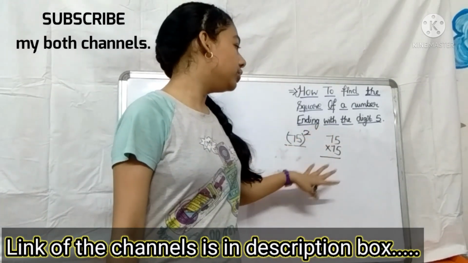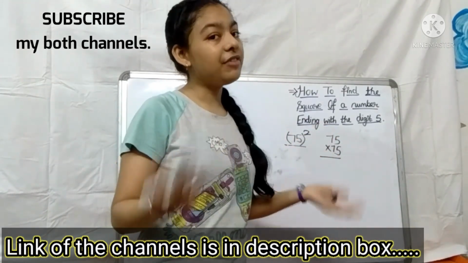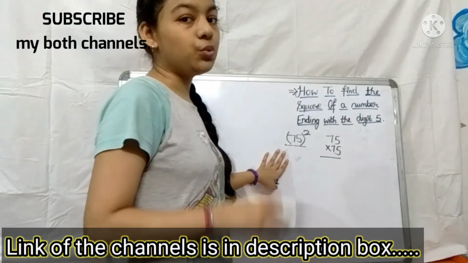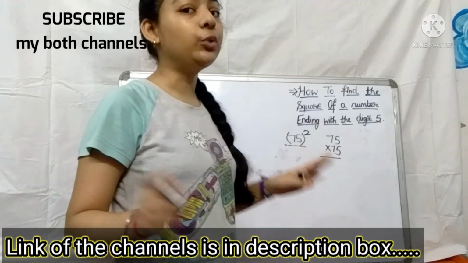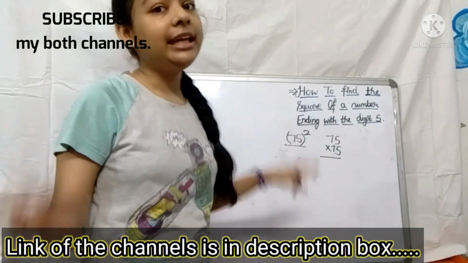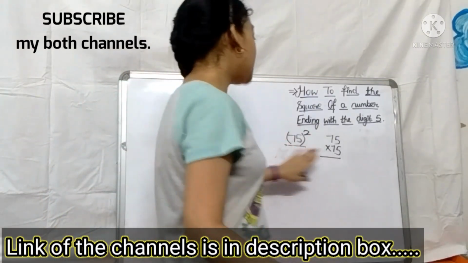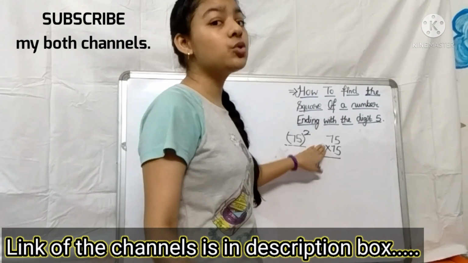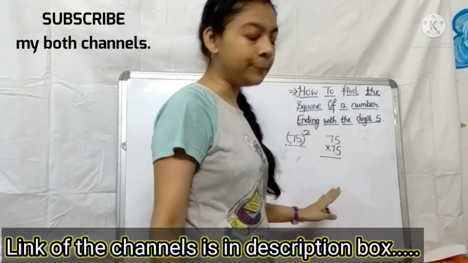So to avoid all these things, so that we can complete our paper in time, I'm going to tell you an amazing trick. So please see the video very carefully. Now when we multiply 75 by 75, it is going to be very lengthy.